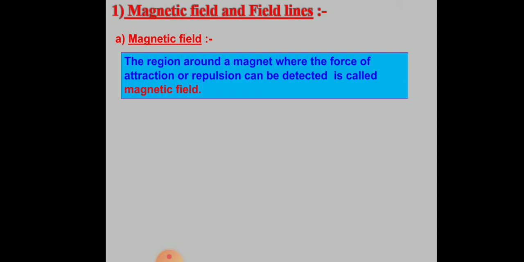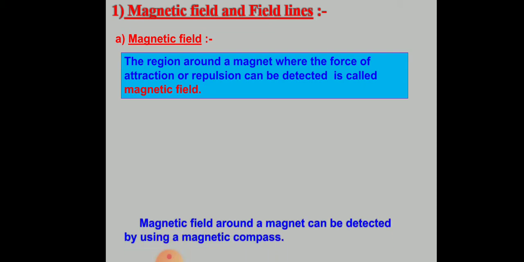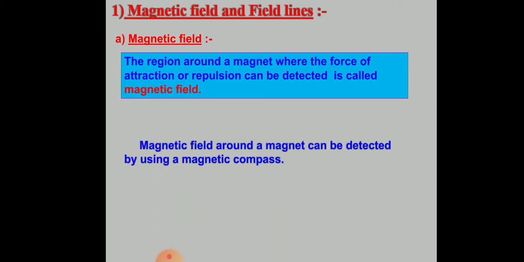This is the definition for magnetic field. Once again, I define: the region around a magnet where the force of attraction or repulsion can be detected is called magnetic field. This magnetic field can be detected by using a magnetic compass.